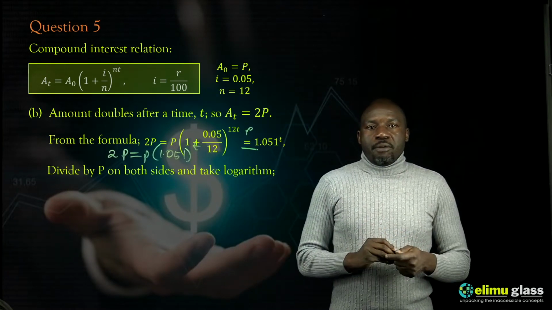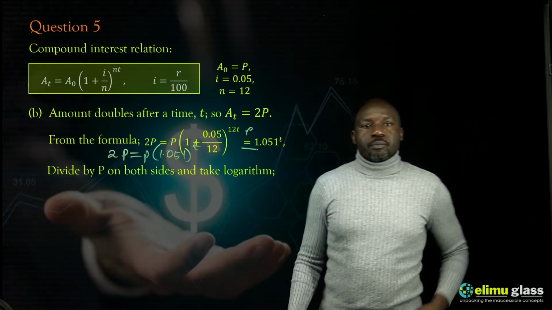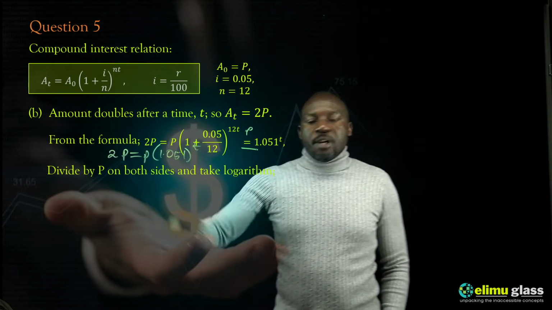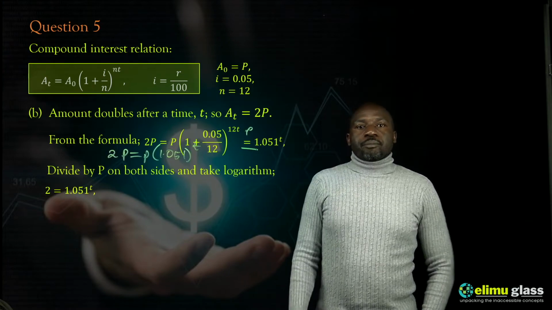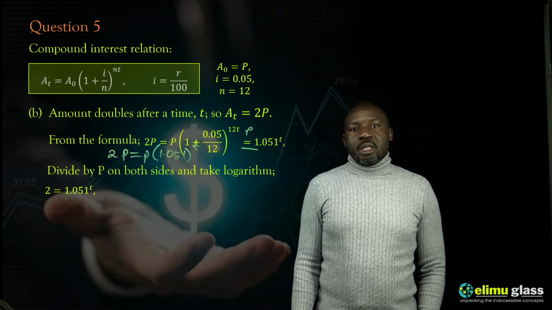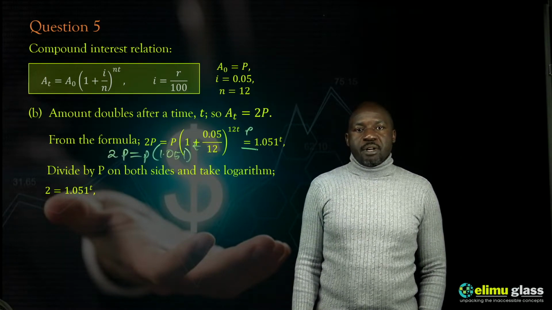If we divide both sides by p and simplify, we have 2 equals 1.051 to the power t.